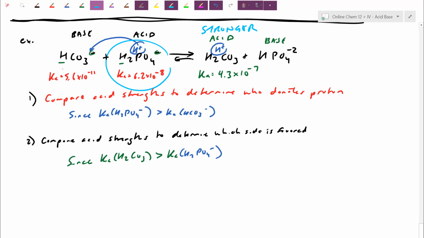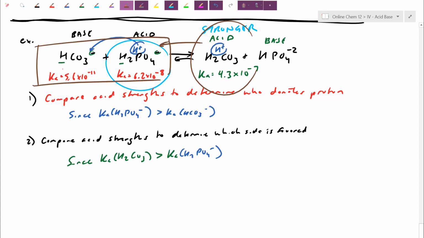Normally, naturally, in words, I say, oh, they're stronger, they're favored, right? But remember, for favored, it actually means which one do I have more of at equilibrium. If I have the stronger acid on the product side, and they're doing their job better, they're going to hit the volleyball more to the left-hand side more often. At the end of the day, I'm actually going to have more reactants than products. That's a little bit strange in wording.